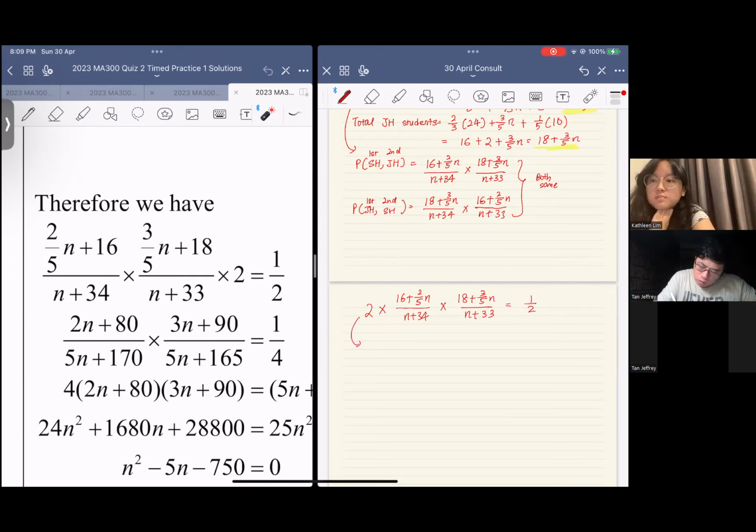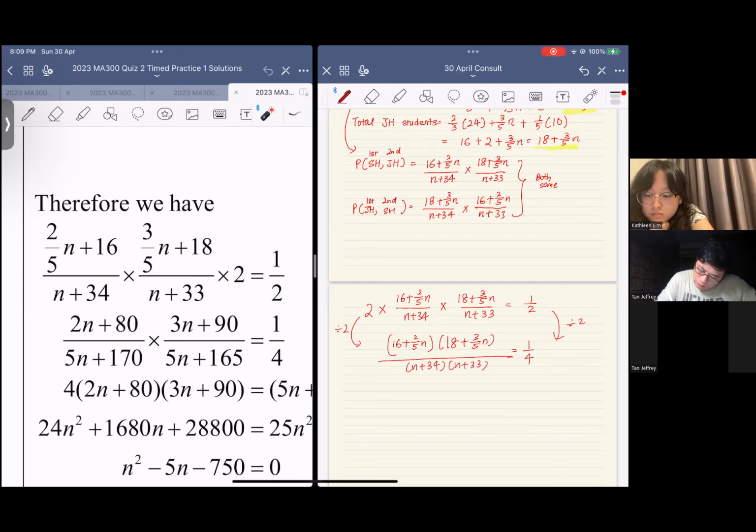If I divide by 2 on both sides, that gives me 1/4 on the right. On the left, I have 16 plus 2 over 5n multiplied by 18 plus 3 over 5n over n plus 34, n plus 33.